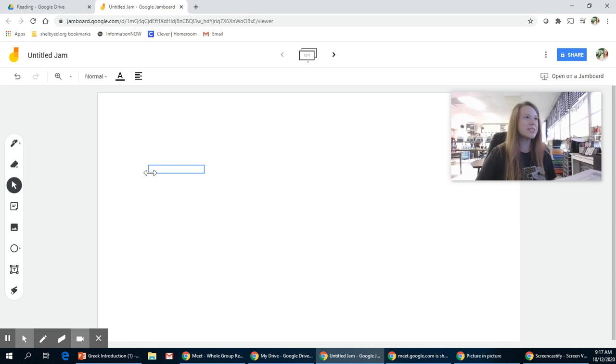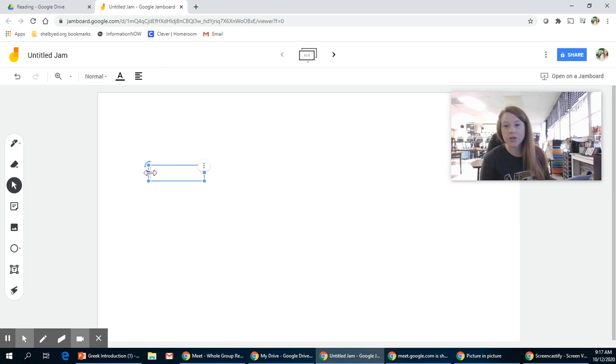Okay. This week we are talking about the Bossy R syllable type. Does anybody know or remember from last year what the Bossy R rule is or what the Bossy R looks like? No? Okay. All right, so Bossy R is when the R follows a vowel.